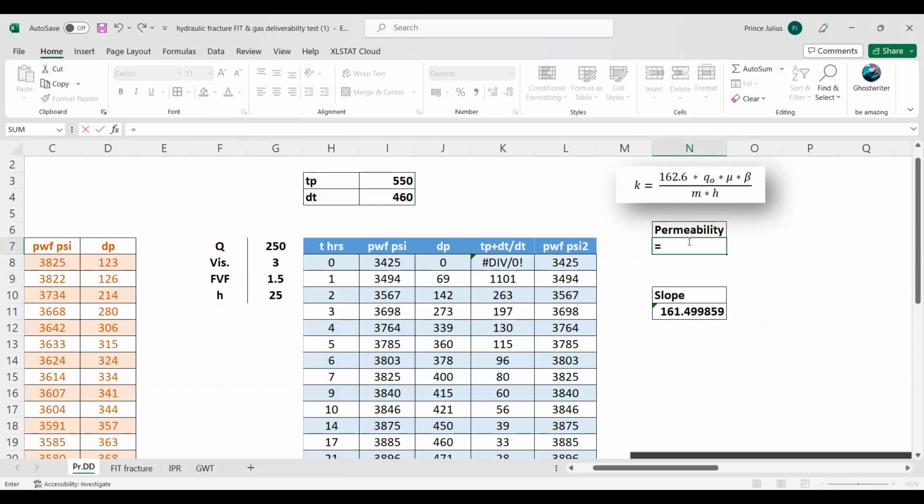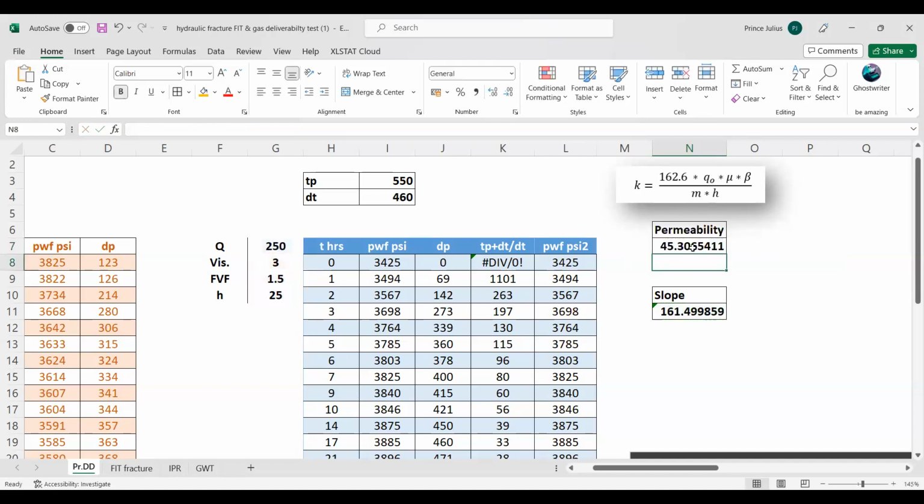My formula is already here: 162.6 into Q, that is flow rate, into viscosity, that is 3 centipoise, into formation volume factor B, divided by the slope value m, into thickness 25.